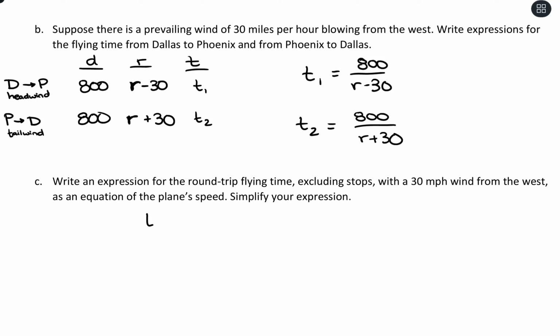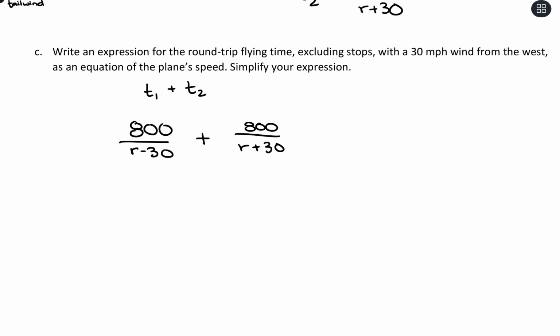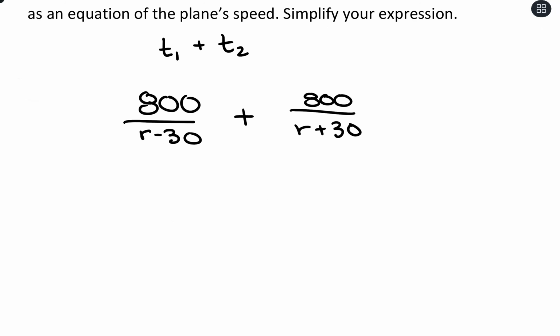So we're going to add T1 plus T2, which should be 800 over R minus 30 plus 800 over R plus 30. And we want to simplify this expression, so let's get a common denominator. This one's missing R plus 30. And this one's missing R minus 30.